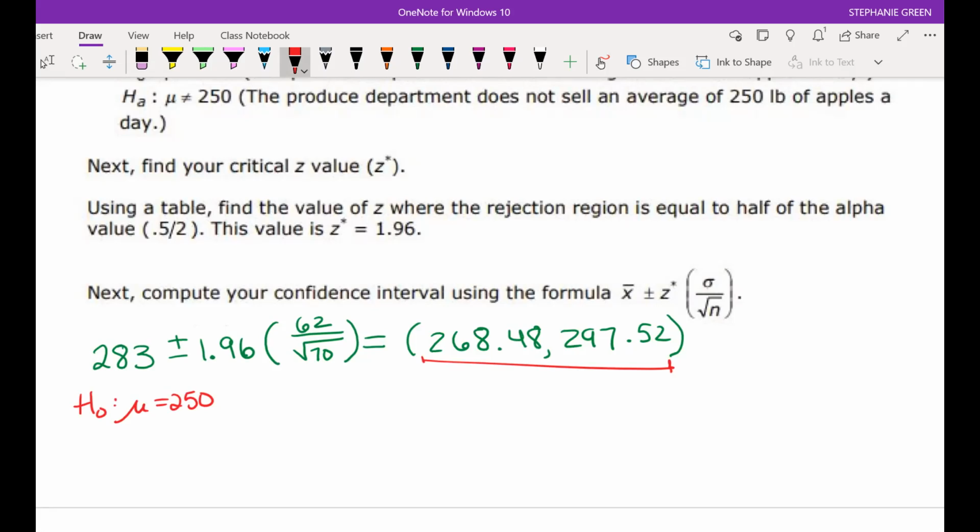We're 95% confident that the average is truly within these two numbers. So yes, we can reject our null using this confidence interval.